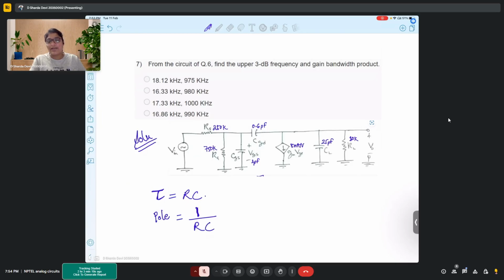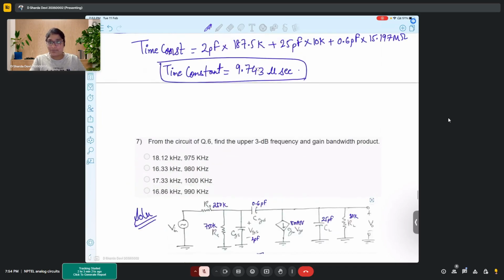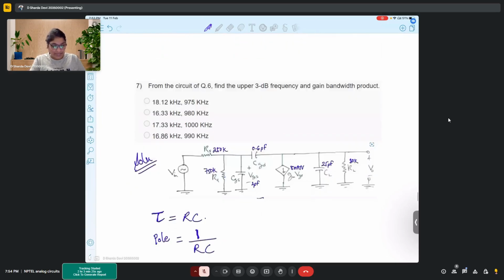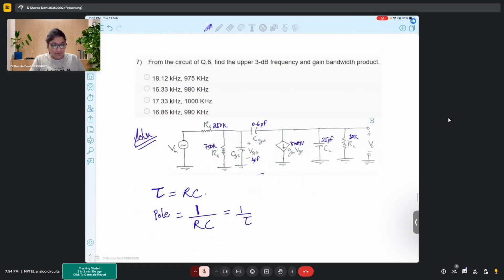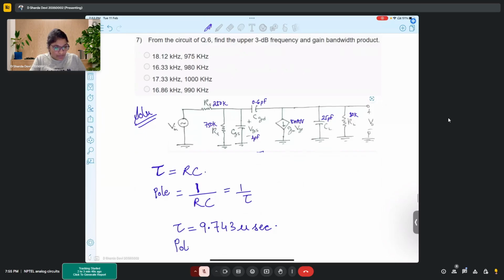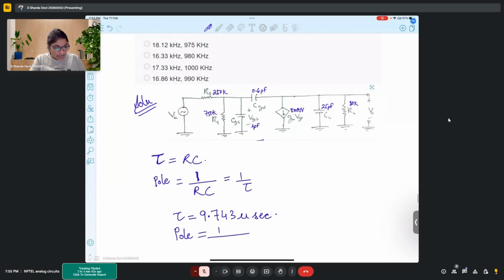Since we have already calculated the time constant, 1 by time constant is the pole. So tau we have already found is 9.743 microseconds. Then the pole value would be just 1 by 9.743 microseconds. So how much is the pole value that you're getting?